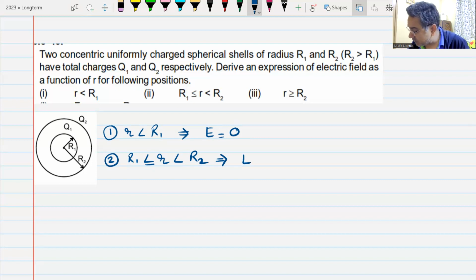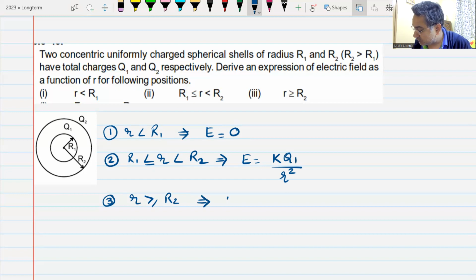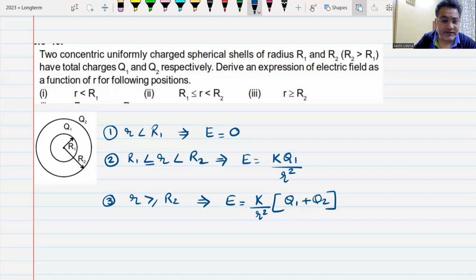So the answer would be K Q1 by r squared. Case number 3, when r is greater than or equal to R2, then your electric field will be created by both the charges. So I can write it as K by r square into Q1 plus Q2. Do you understand how this is done? Yes, sir.